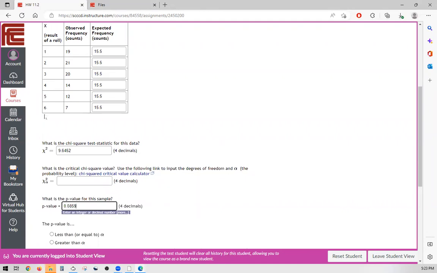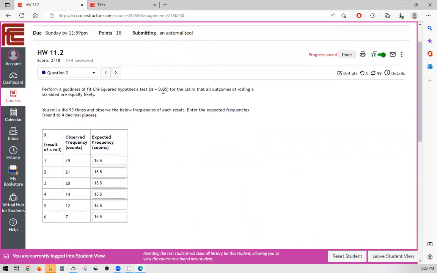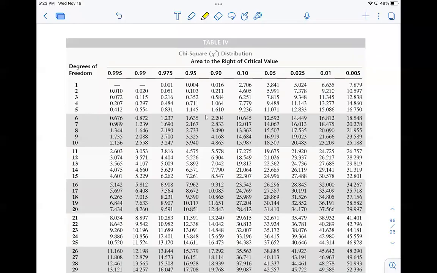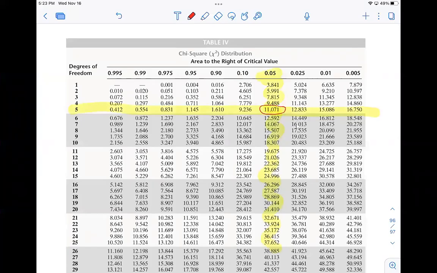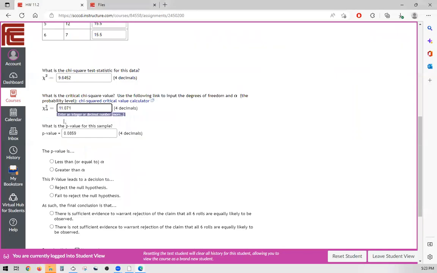And alpha is 0.05, so we're in this column, and degrees of freedom is right there. The intersection of that row and column is 11.071. It says round to 4 decimal places, but this only goes to 3, so that's fine. Just putting this down would be fine.